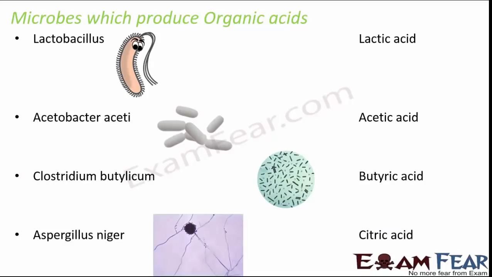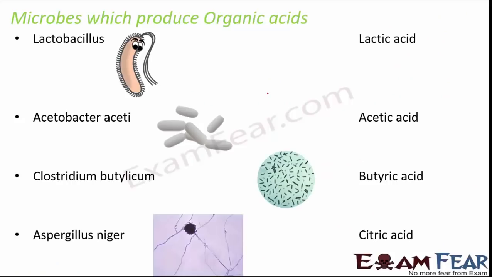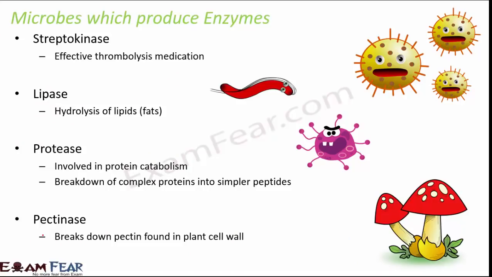So let's look at some of the microbes which produce acids. Lactobacillus produces lactic acid, Acetobacter aceti produces acetic acid, Clostridium produces butyric acid, Aspergillus niger produces citric acid. You should know these names because you may get a short answer question in your exam. Now, there are certain microbes which produce enzymes.